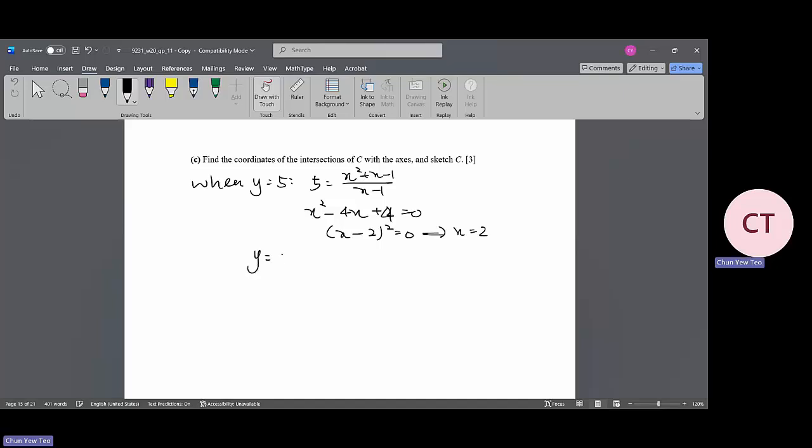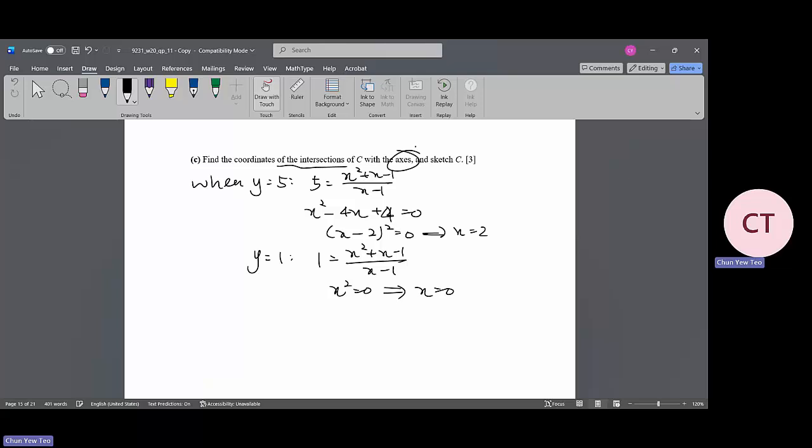Then when y is 1, you will get x squared equal to 0, and your x is 0. Okay. So we also need to find the intersections of the axes.